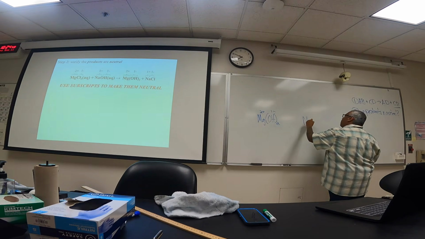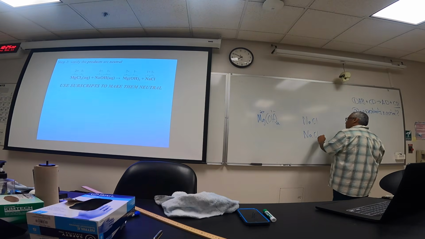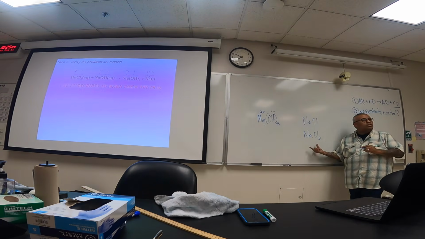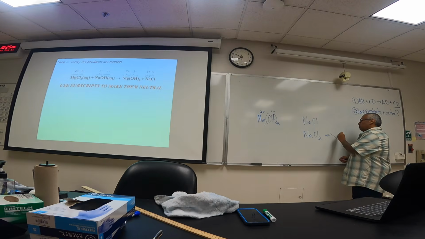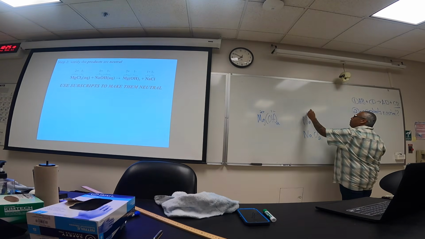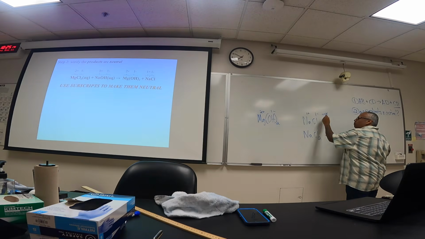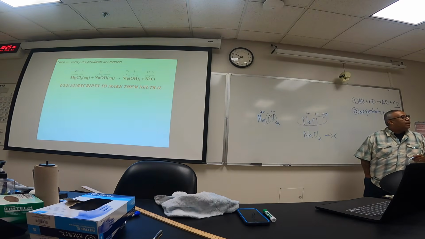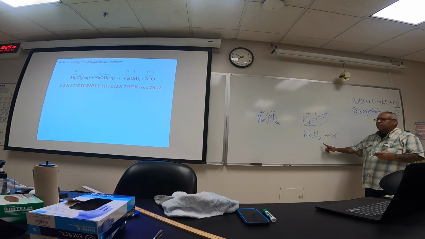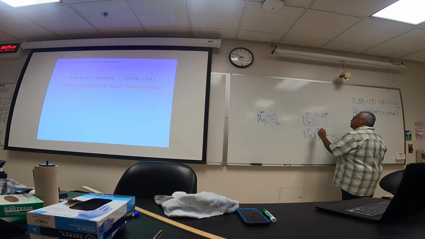Now, kind of going back to this versus this. Students want to do this, but don't. This is 1 plus, this is 1 minus. The answer is NaCl. Students are tempted to do this, and then they end up doing this. They go, this is 1 plus, this is 2 minus.